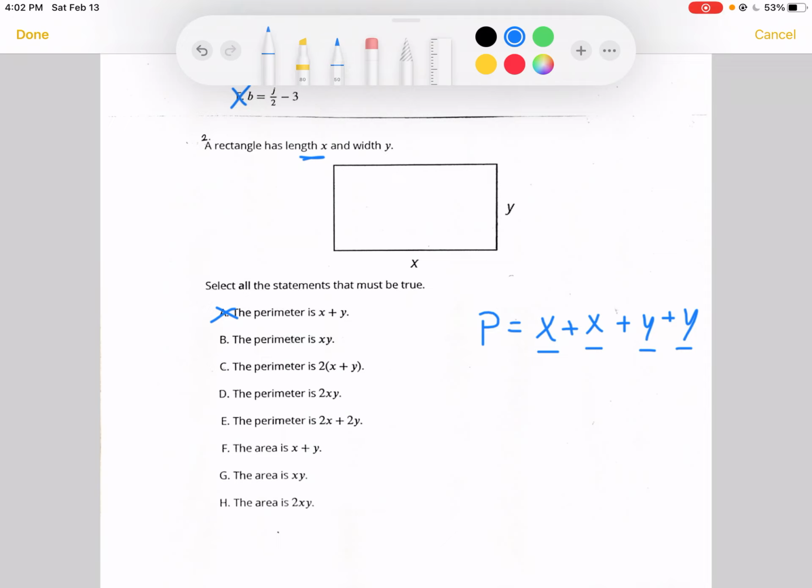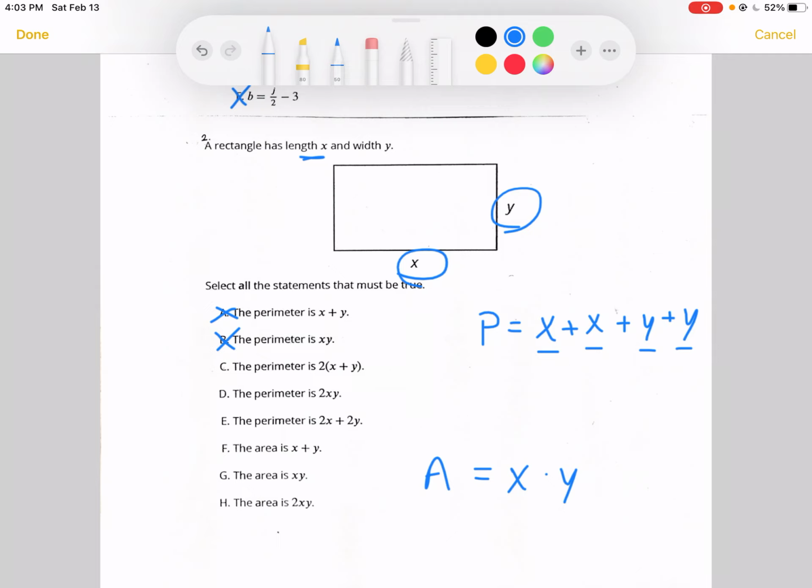B, the perimeter is x times y. If I take the length times the width, I think that gives me the area. We'll talk about that later, so I think B is out.